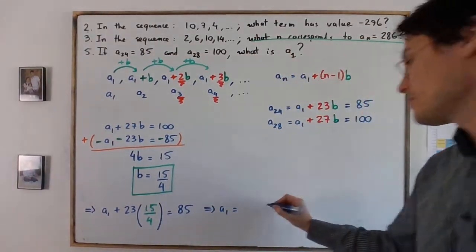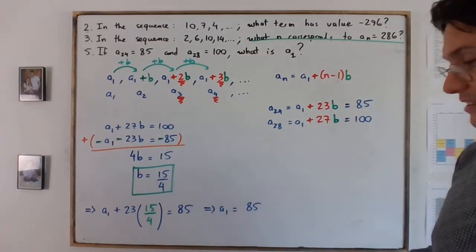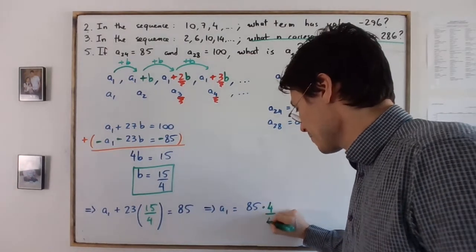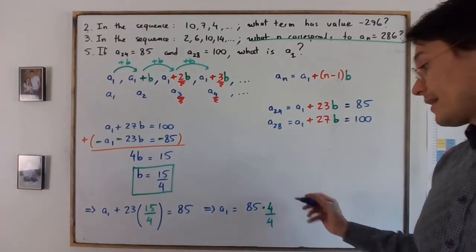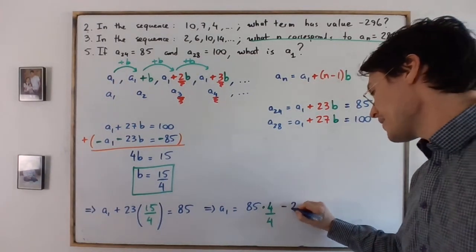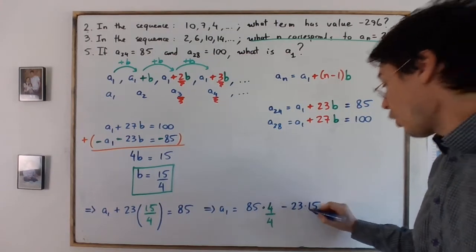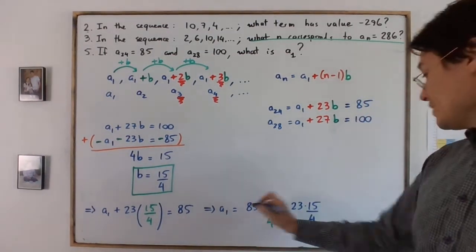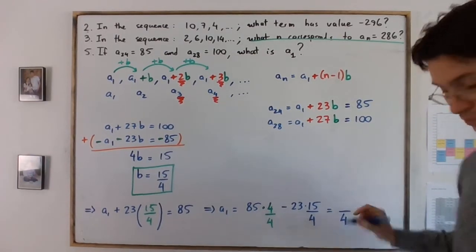I don't know if you are allowed a calculator or not, but note that in order to subtract these, you need to use a common denominator, right? So you multiply by 4 over 4. Then this is going to give you 23 times 15 over the 4 that you already have. So what you have to do is subtract the numerators. I do need the calculator for that.